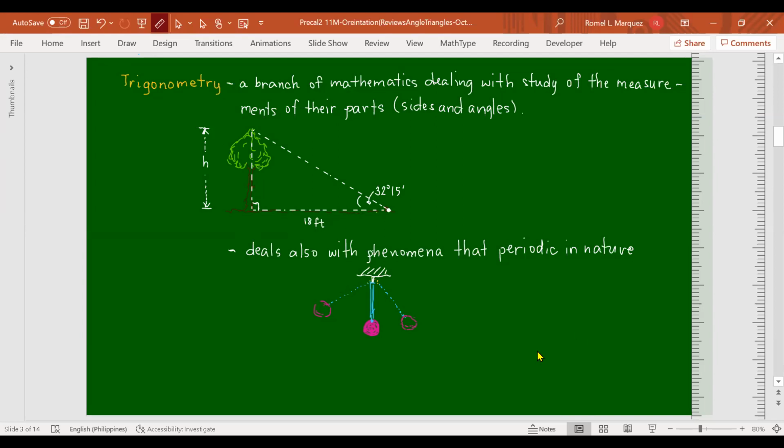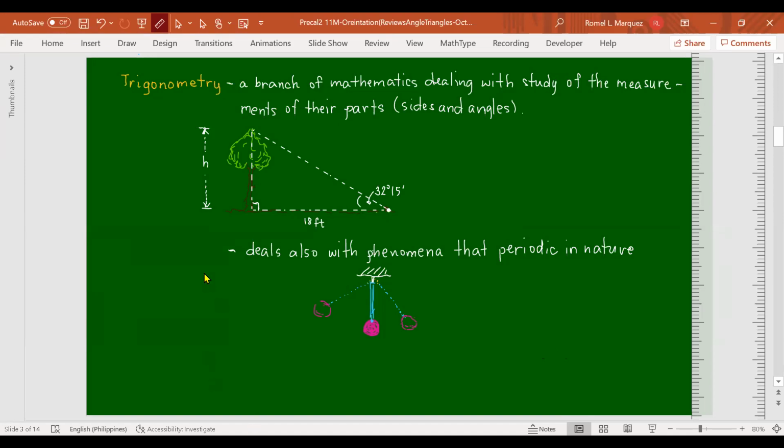Heartbeat. The heartbeat is also periodic, has a periodic behavior. Unless there is a situation where you feel a sudden change, normally our heart beats with a certain pattern or behavior. Okay?